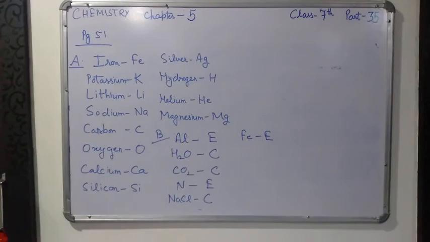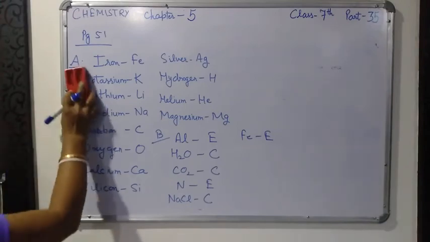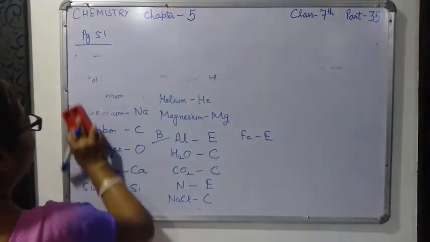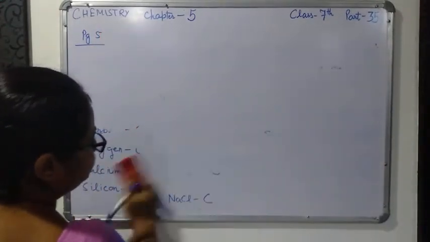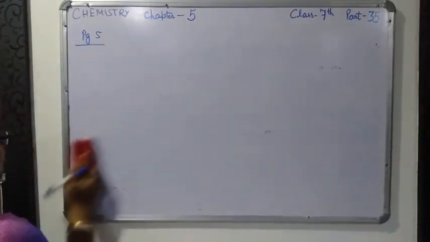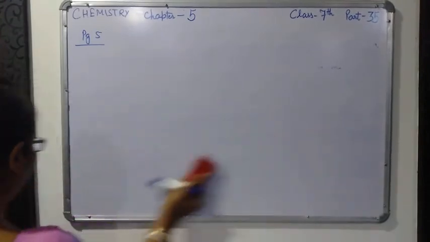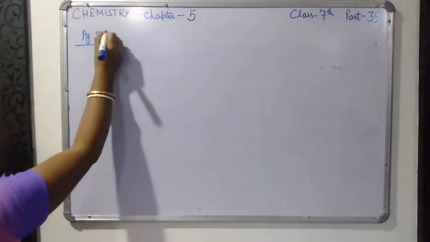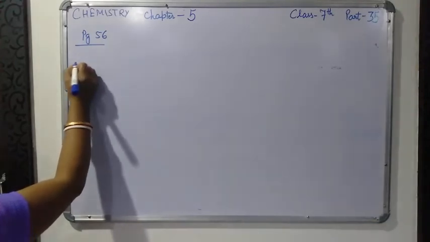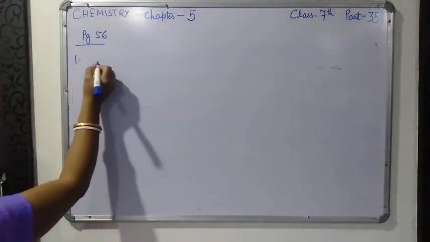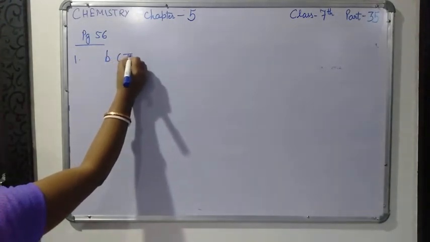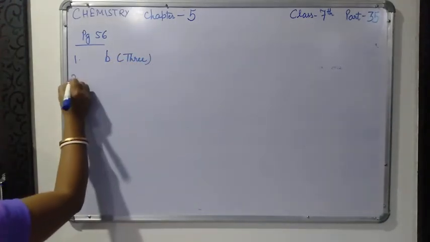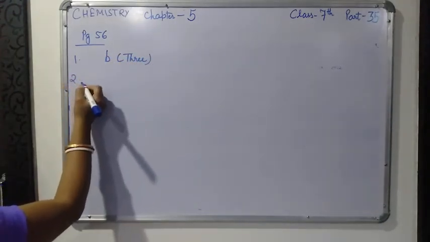Now all of you open page number 56. In that also choose the correct option is given. That also I am going to give you. All of you mark in your book. Page number 56. First one: how many atoms of oxygen does ozone have? Your answer is B, that is 3. Second one: nucleus of an atom contains.